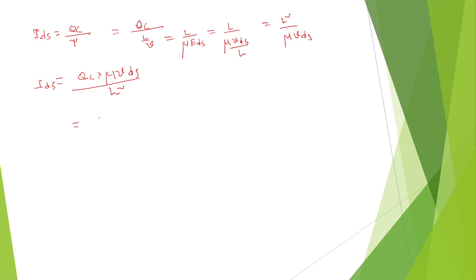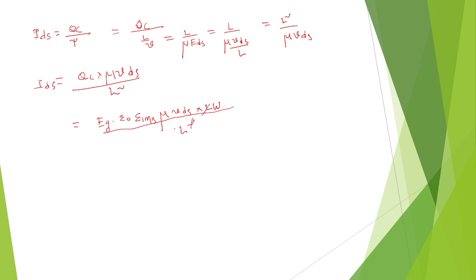QC can be defined as the electric field across the gate multiplied by epsilon naught, the free space permittivity, and epsilon INS, the insulating material's permittivity, and the mobility of the electron, and VDS, into the length and width of the transistor, by L square.